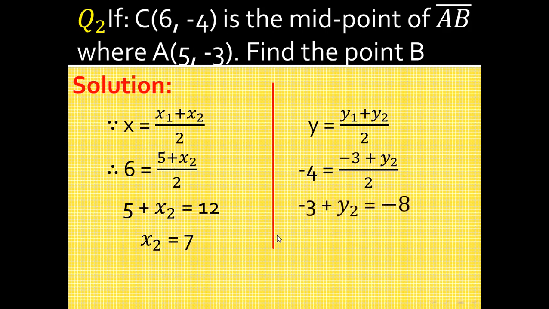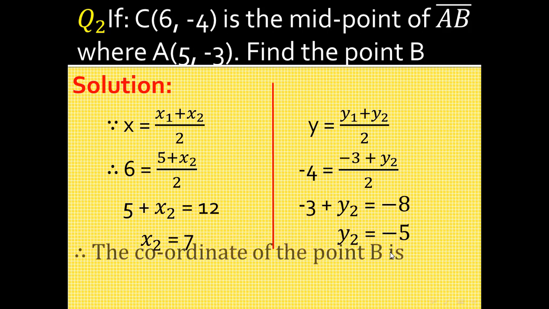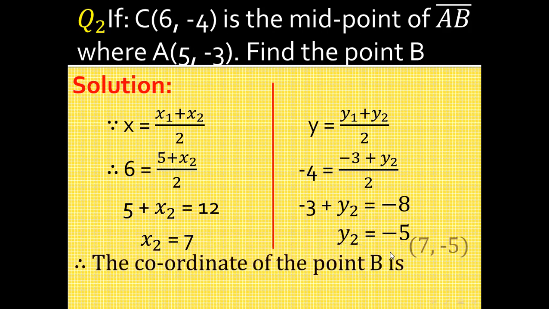Cross multiplication gives -3 plus y2 equals -8, moving -3 to the other side, y2 equals -5. Then the coordinates of point B are (7, -5). Okay.